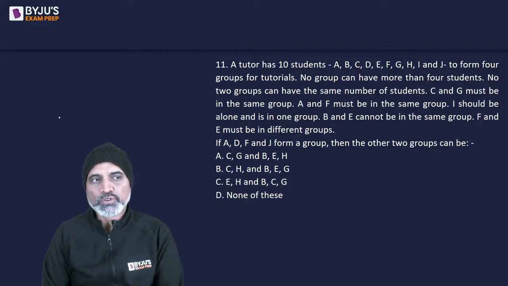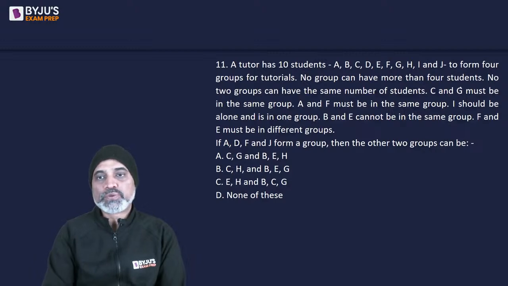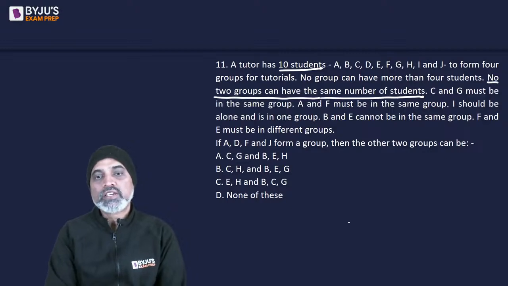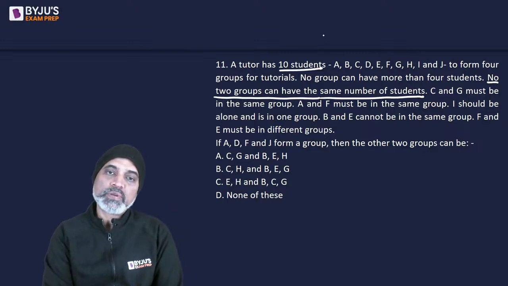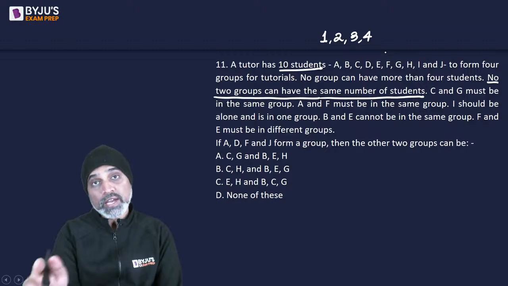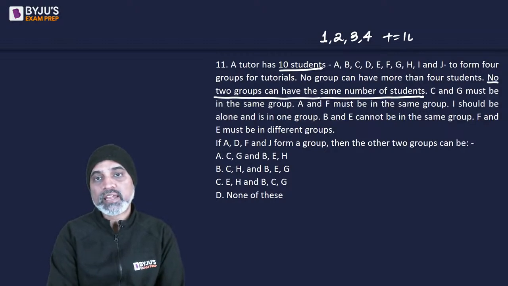And we need 4 groups. No 2 groups have the same number of students. Okay, so we have 10 students and no 2 groups can have the same number of students. So can we say the possibility is one group will have 1 student, another will have 2, another will have 3, another will have 4, so that if you add it, they become 10.